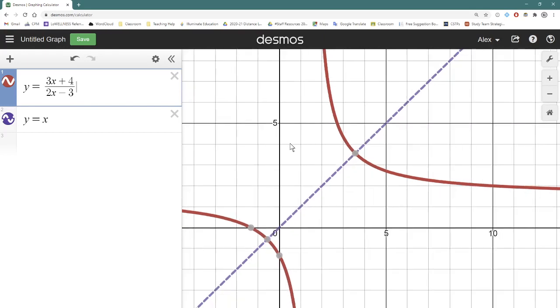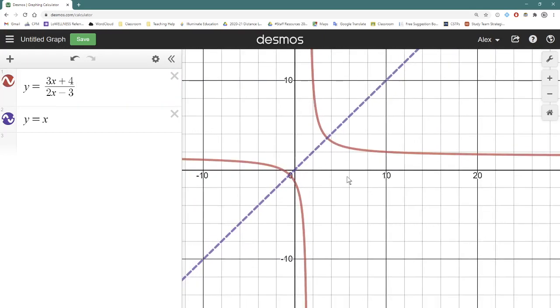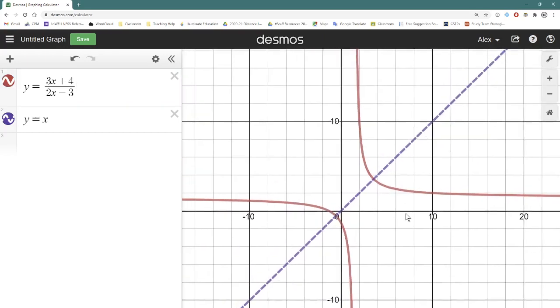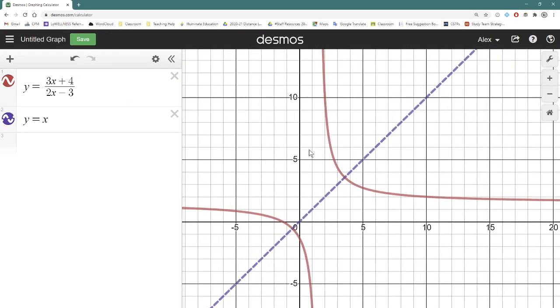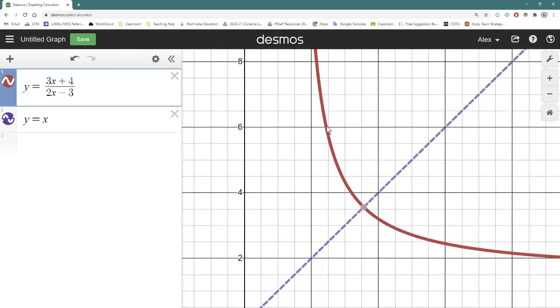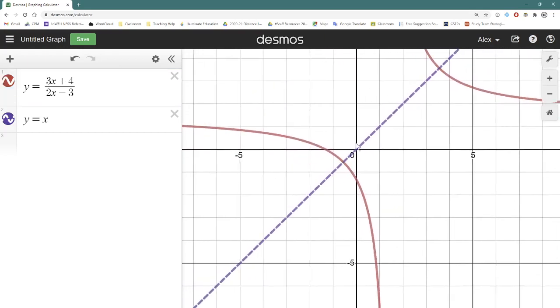We can see here that this graph looks pretty symmetric. I tried to make sure that our scale is 1:1 here, so we can see any point that exists already on it. Let's look at the x and y intercepts.